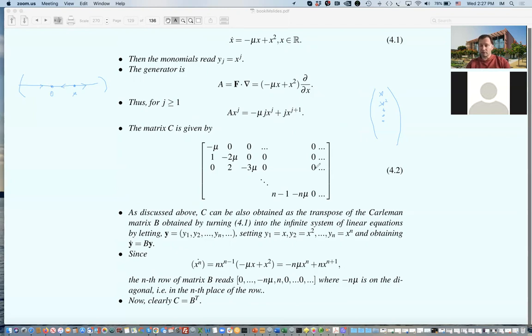The reason why Carleman chose polynomials was that he started from analytic vector fields, but it's not actually true that the evolution of analytic vector fields can be well approximated by polynomials.